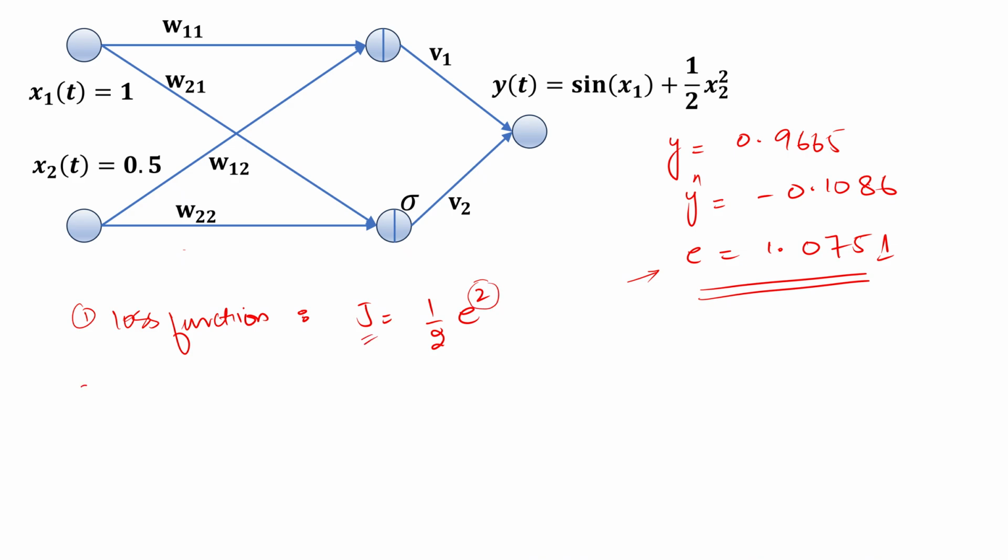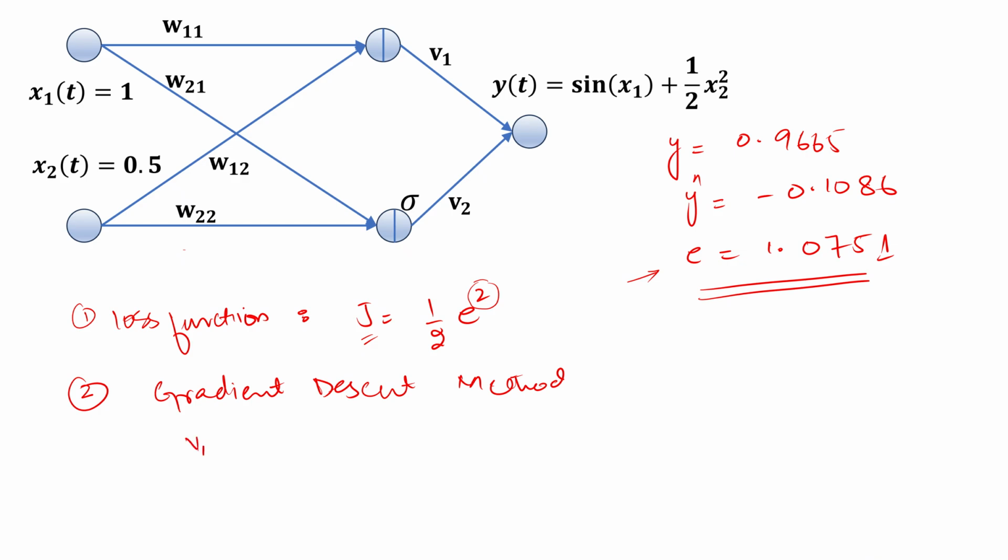And the next one is, after this we will be using the gradient descent method. So for that, let's say we have any weights. Let's talk about the output weights.